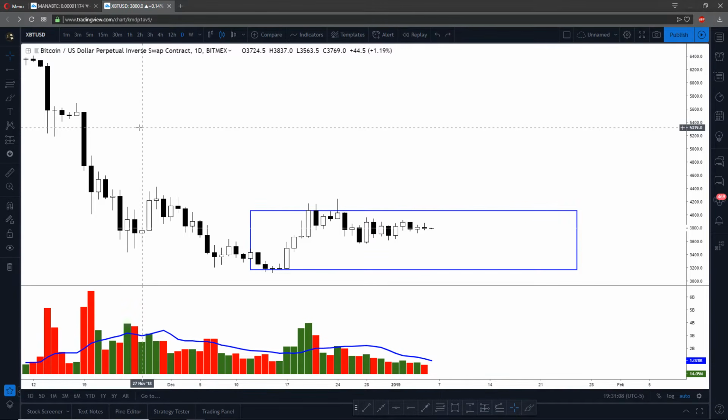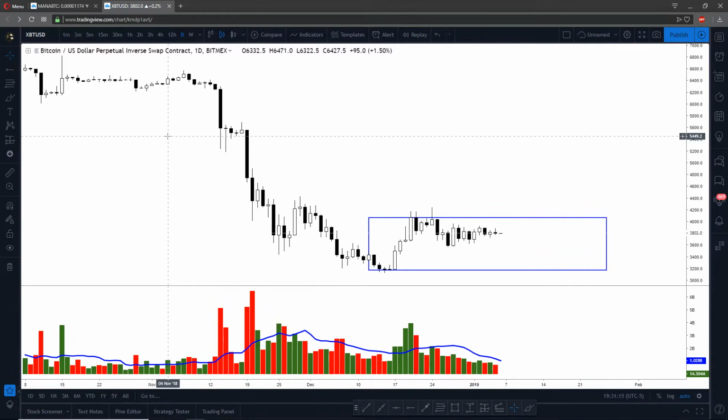So for the most part, Bitcoin, I was going to say it doesn't respect its wicks, but it kind of has been respecting its wicks lately. You really have to see what you're trading. Does it respect the wicks or does it respect the bodies? And I've said this about everything. Almost everything I've taught you guys, I've always said, you just have to look at the chart.